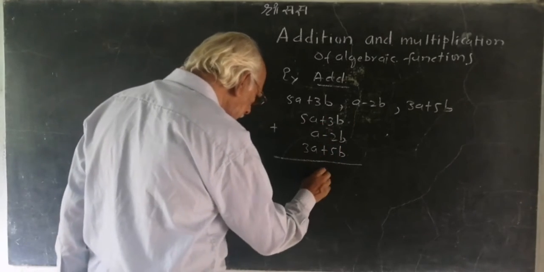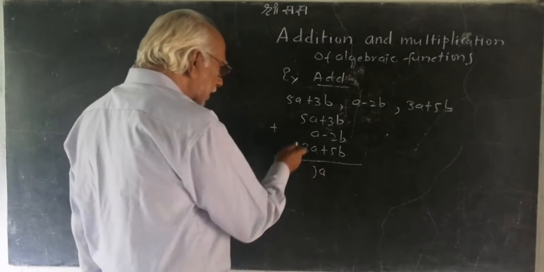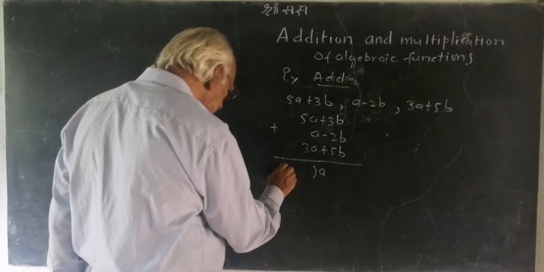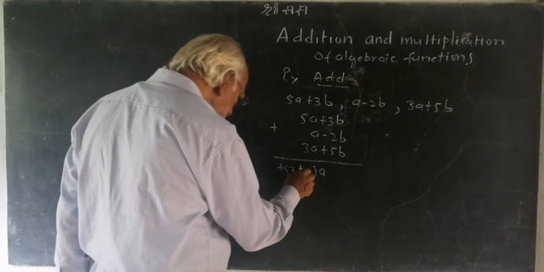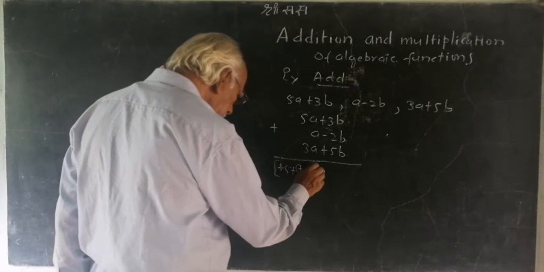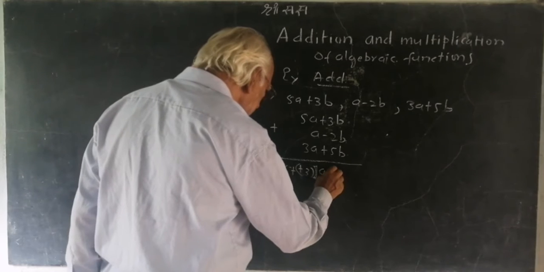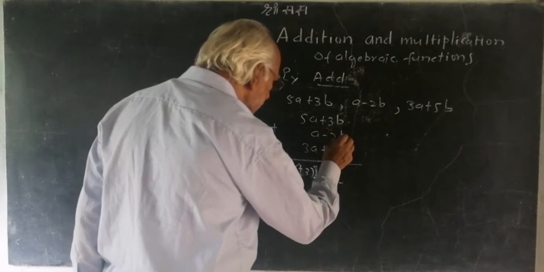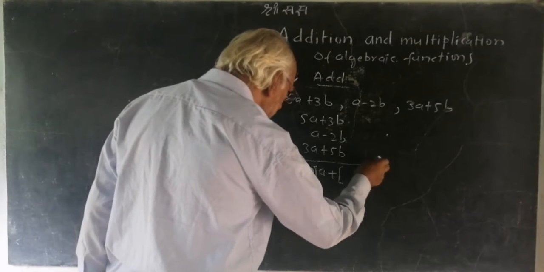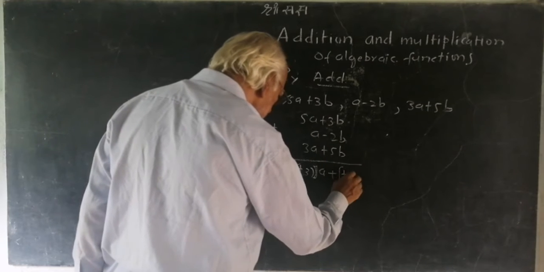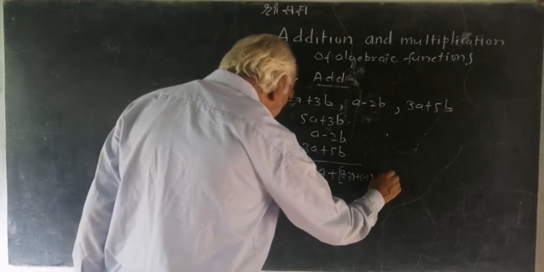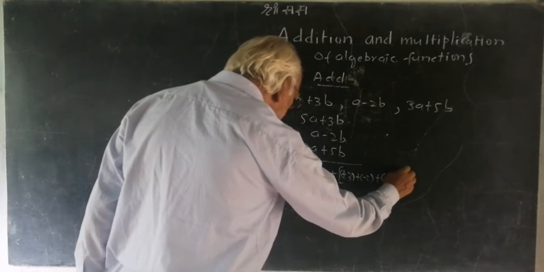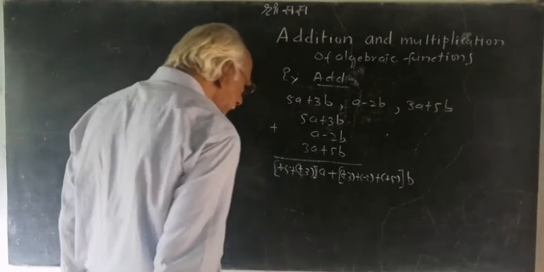So here we take a first, and then what are those numbers? Plus 5 and plus 3, plus 5 and plus 3. See here, plus, what is the variable? Variable is b, and what are the numbers? Plus 3, plus of minus 2 and plus of plus 5, and then we will be having b.